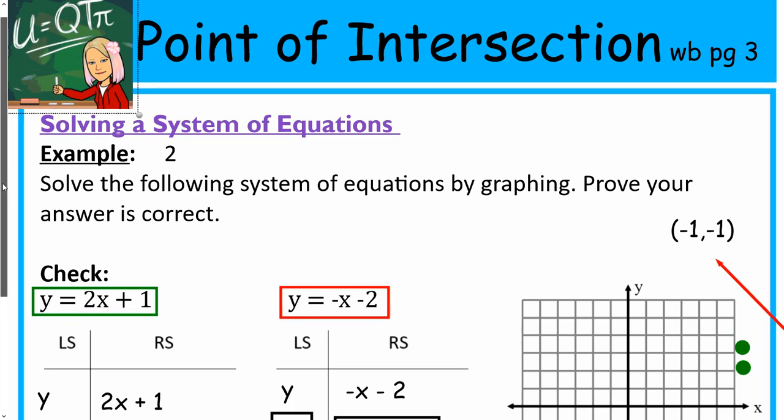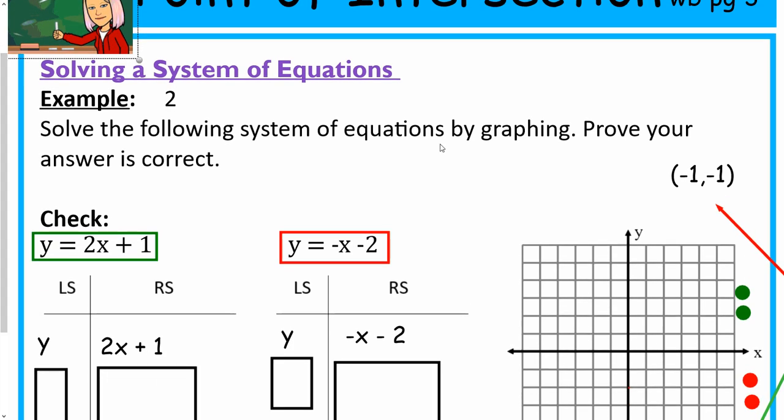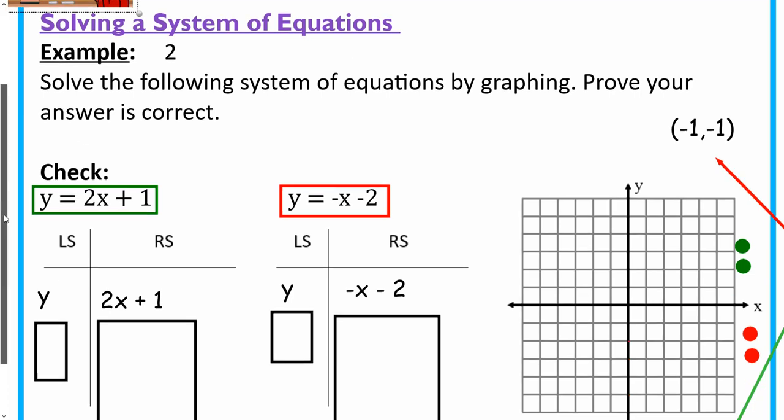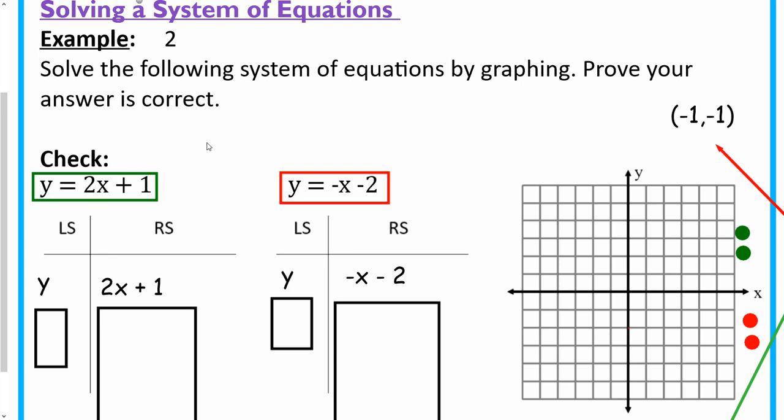Okay, second example. This says solve the following system of equations by graphing and then prove your answer is correct. So we're going to do the same thing again. I'm going to start by graphing each of these lines first, and these are already in y equals mx plus b form, so it's a little bit easier. Start by plotting the y-intercept, which is 1 for the first one. So on the y-axis, put your dot on 1, and then use your slope to get a second point.